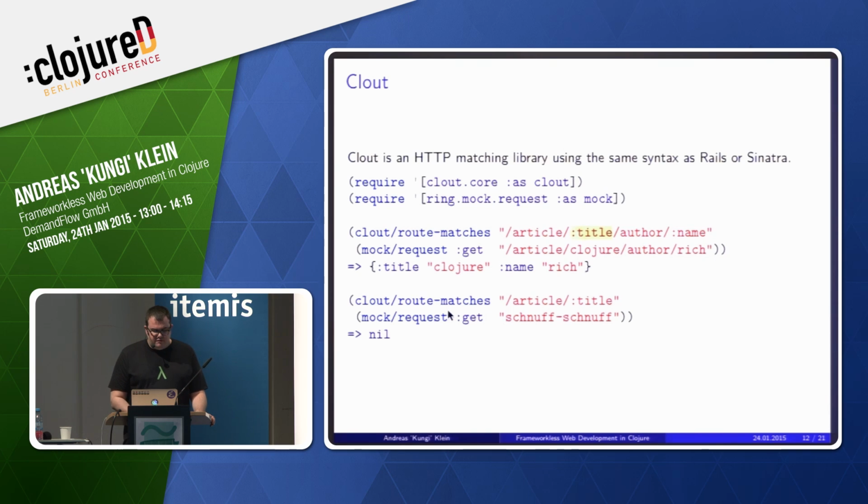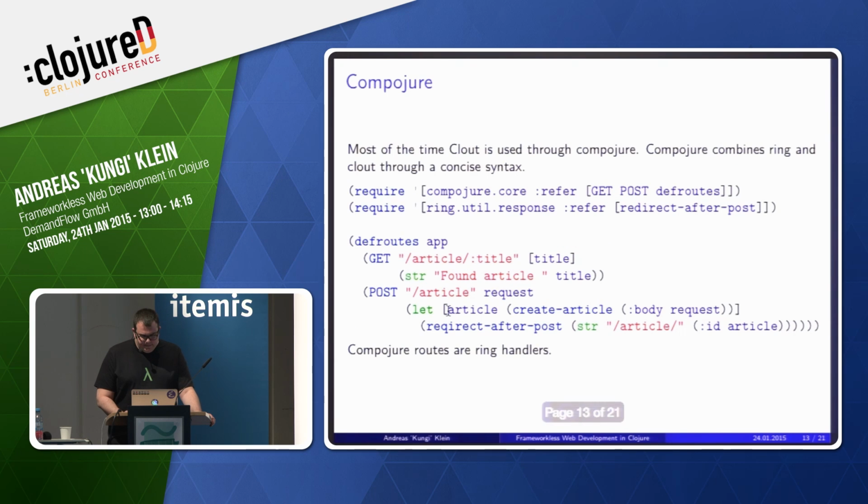We get a map containing the title and the name, and then we can process that for later. This is another example of a route that doesn't match. So in the case we ask for schnuff schnuff, we get nil. It just doesn't match. Compojure uses this internally and puts some nice macro magic around it, so we can use it much more easily. It provides these GET and POST macros. It provides a defroutes macro, which takes all the underlying route macros and combines them together into one function, in this case app, which is just a Ring handler.